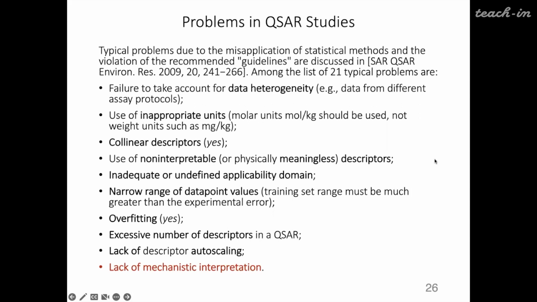So if we compose a data set, we should always mind possible data heterogeneity. So we should not combine data on activity in mice and in rats, or activity in vivo and in vitro.